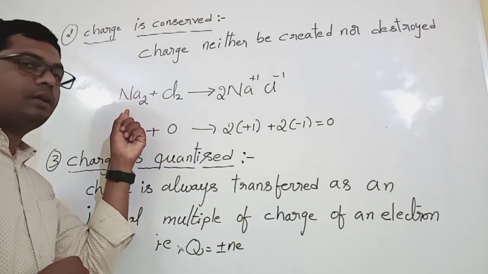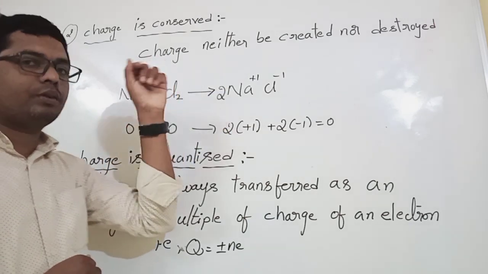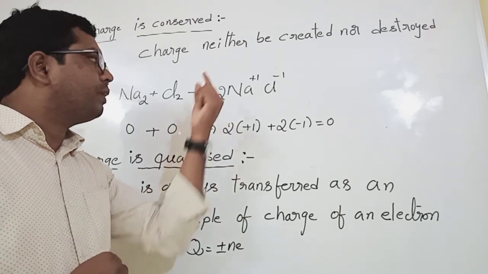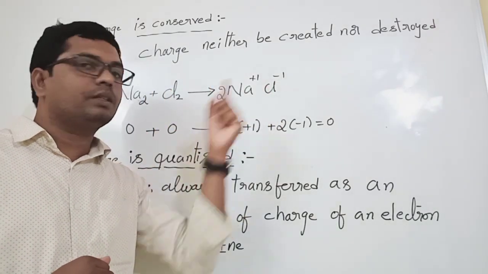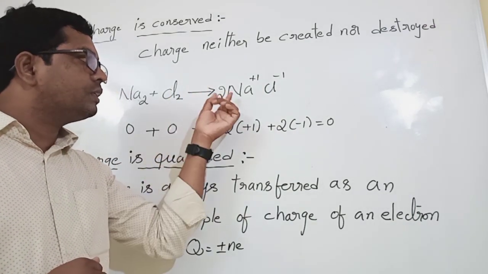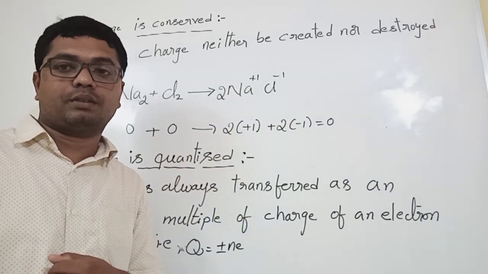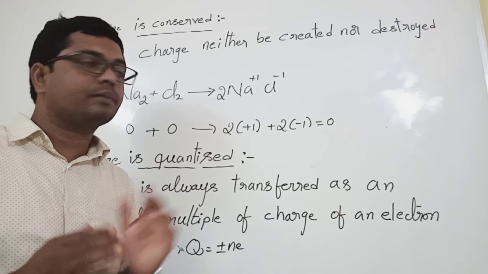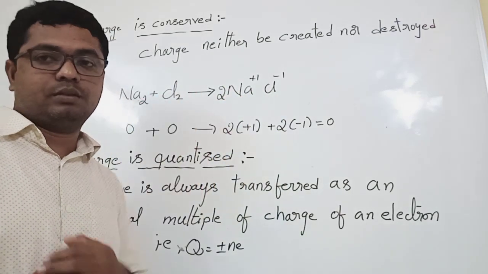Sodium, atomic number 11, loses one electron and becomes Na plus. Plus 1 means it loses one electron, and minus 1 means it gains one electron. You can't say it gains half an electron or loses 3/4 of an electron. Every time, it lost one electron or gained one electron.